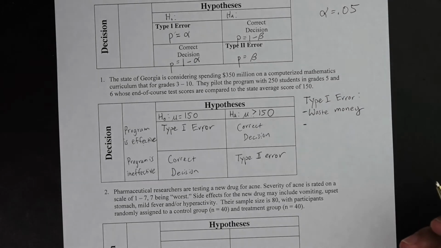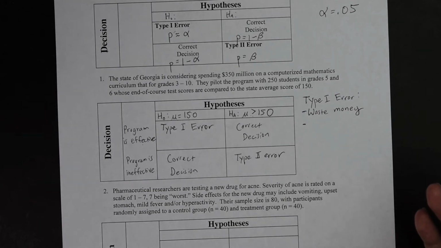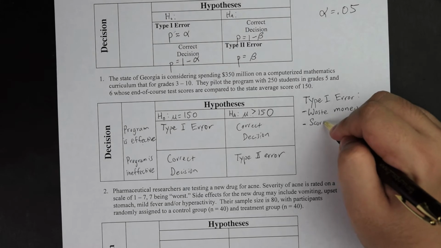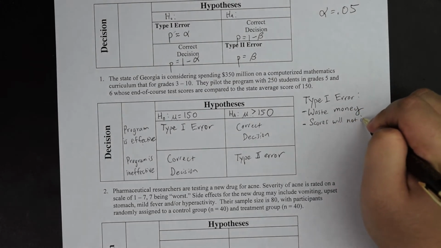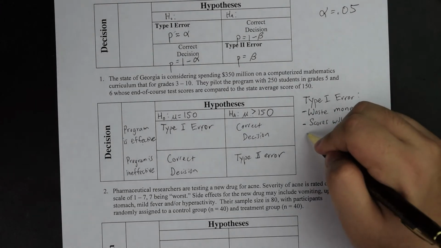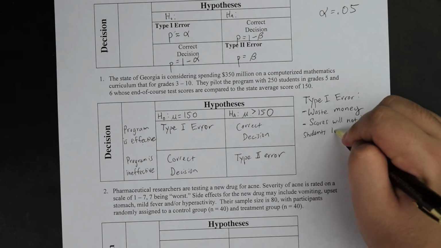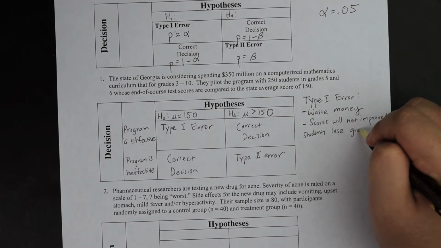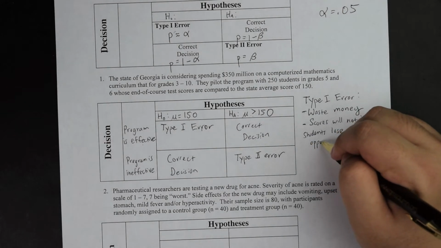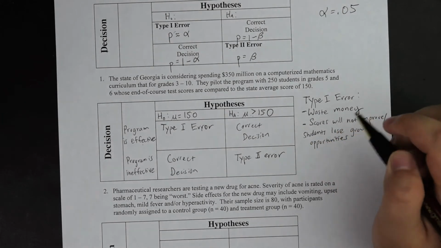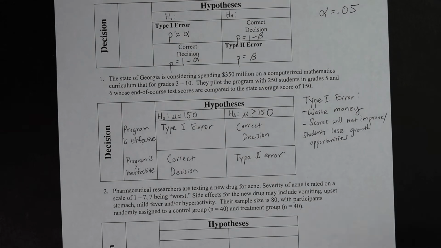Another possible issue is that scores will not improve, and students get impacted. Students lose growth opportunity. During those years that we claim it's working and it's not, students we are hoping to help improve their mathematics skills are losing out on this opportunity and they're not meeting grade levels. So that's another big issue for type 1.